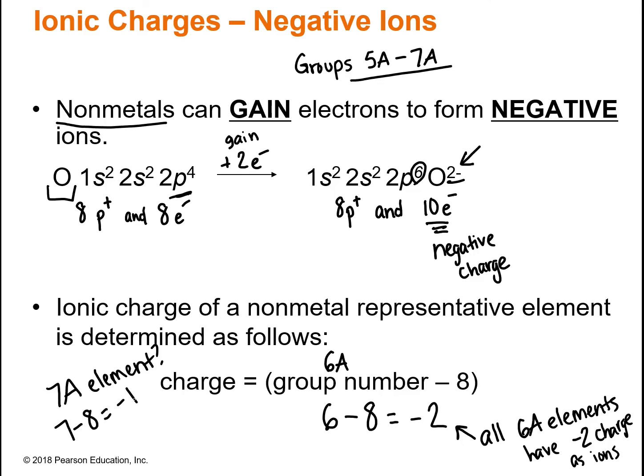You take the group number 7, subtract 8, and you get -1. So metals and nonmetals, 2 totally different things.